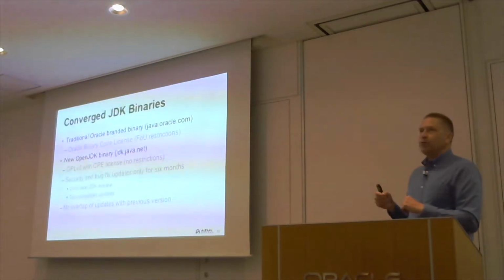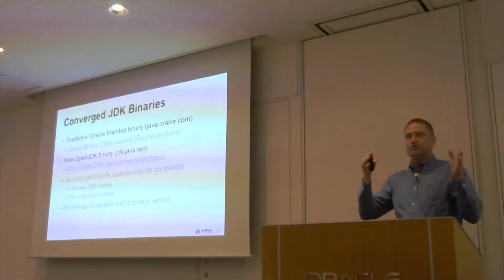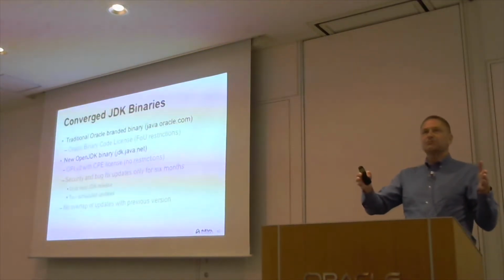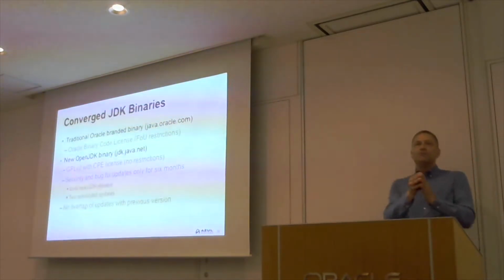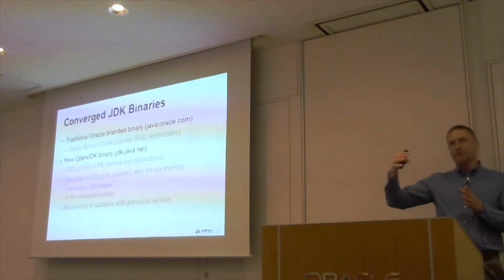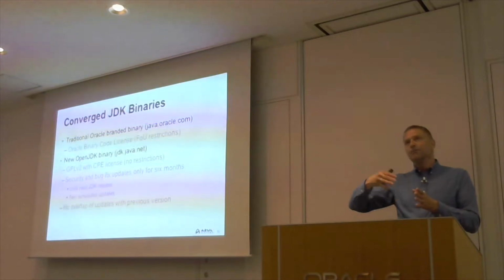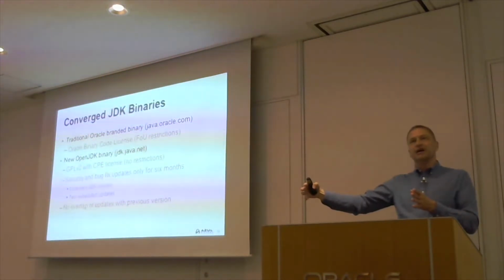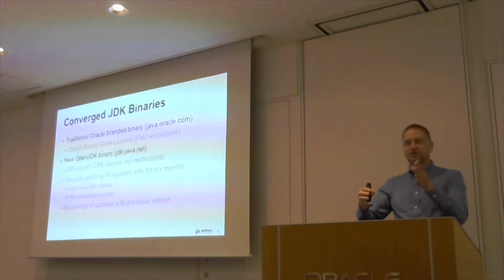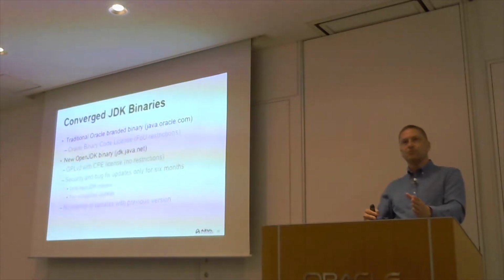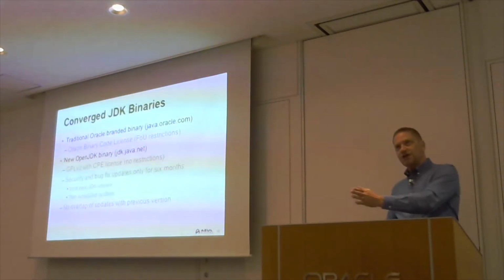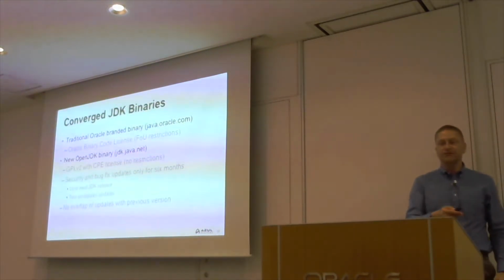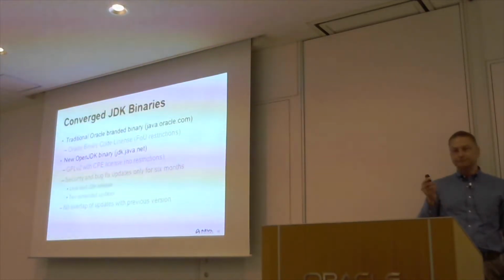The other thing that's quite important is there's no overlap, because you stop getting updates when the next one comes out, rather than what we've been used to in the past of having a period of time where we can migrate to a new version of the JDK. There's no overlap. So once JDK 11 stops, or JDK 12 stops, JDK 13 starts, and that's it for how you get your JDK.